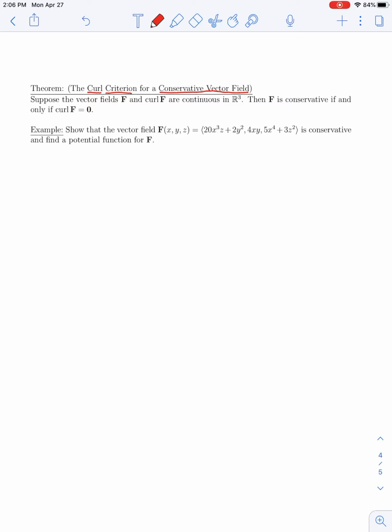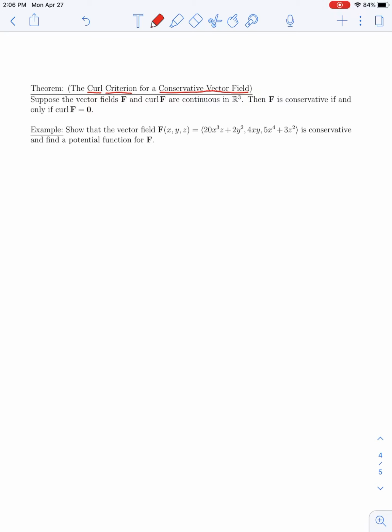And if it is a conservative vector field, we have nice properties that we can use to evaluate line integrals of those conservative vector fields. But we did not yet have a way to test a three-dimensional vector field. So the following theorem will give us a test for whether or not a three-dimensional vector field is conservative.